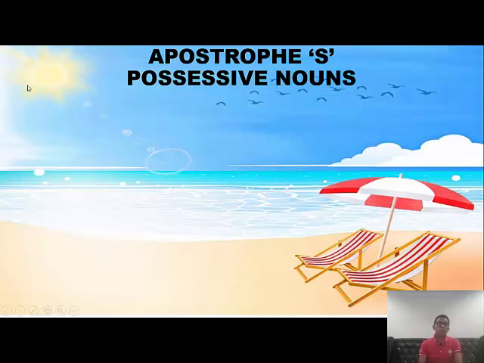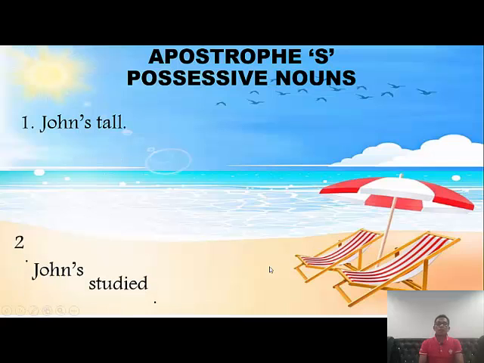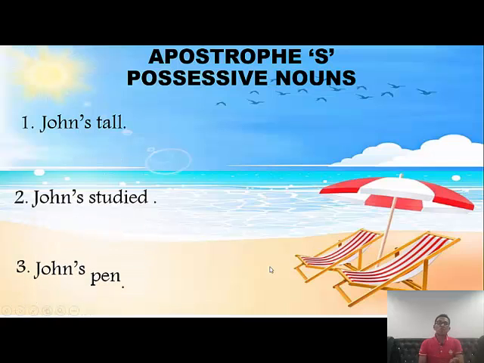All right, so now let's move to apostrophe s for possessive nouns. First of all, I would like you to look at these three sentences. What exactly can you spot that is similar here?